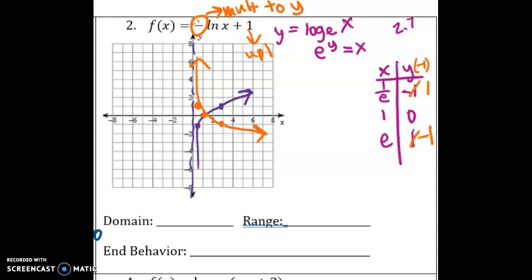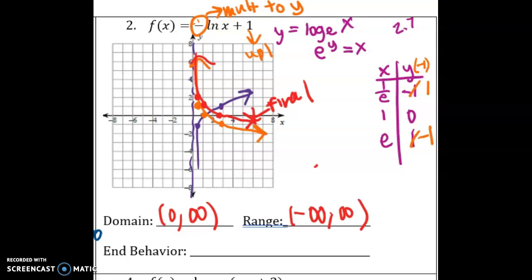And now we're going to shift everything up 1. When we shift it up 1, the asymptote does not move. So our final graph is this red one. Our domain is just 0 to infinity. Our range, -infinity to infinity.